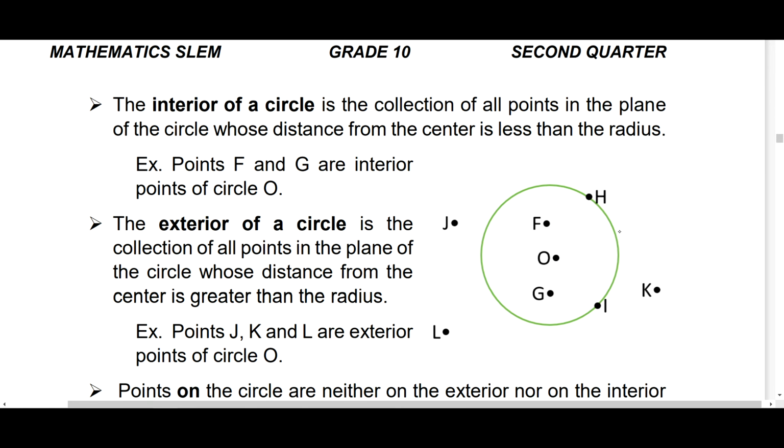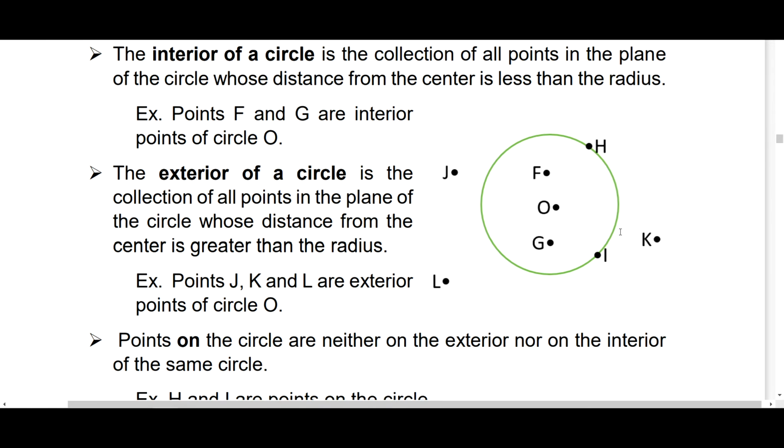So, we have the interior of the circle. Ibig sabihin ng interior, nasa loob. Exterior of the circle, nasa labas. Tapos, on the circle, yun yung sinasabi ko, yung term na on, ibig sabihin, nandun siya sa pinaka, ayan o, it's neither on the exterior nor on the interior. So, wala siya sa labas, wala siya sa loob.